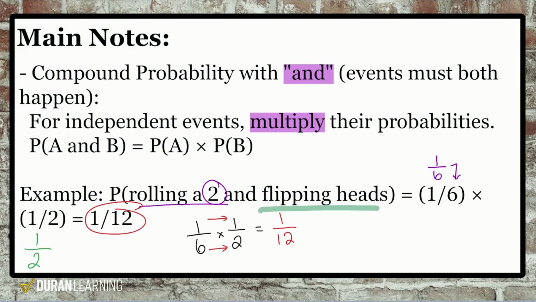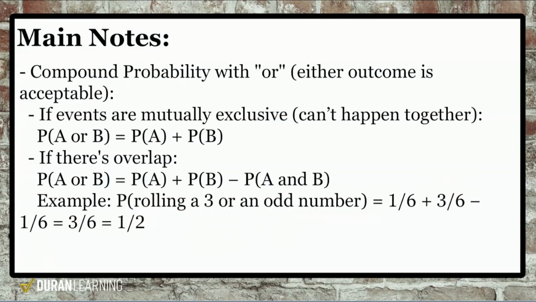Here is page 3. Let's take a look at compound probability with the word or. If we roll a dice, what's the probability of rolling a 3 or rolling a 5?